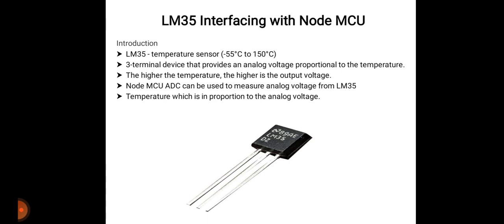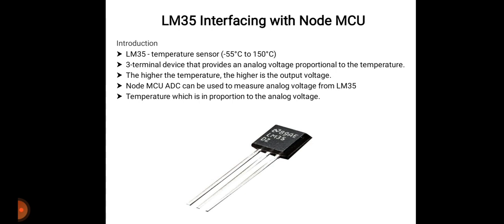First of all, LM35 interfacing with Node MCU. LM35 is nothing but a temperature sensor, as I told you. This temperature sensor is used for the measurement of temperature in the range of -55 degrees Celsius to 150 degrees Celsius. Also, this is a 3-terminal device that provides an analog voltage proportional to the temperature. So the higher the temperature, the higher the output.